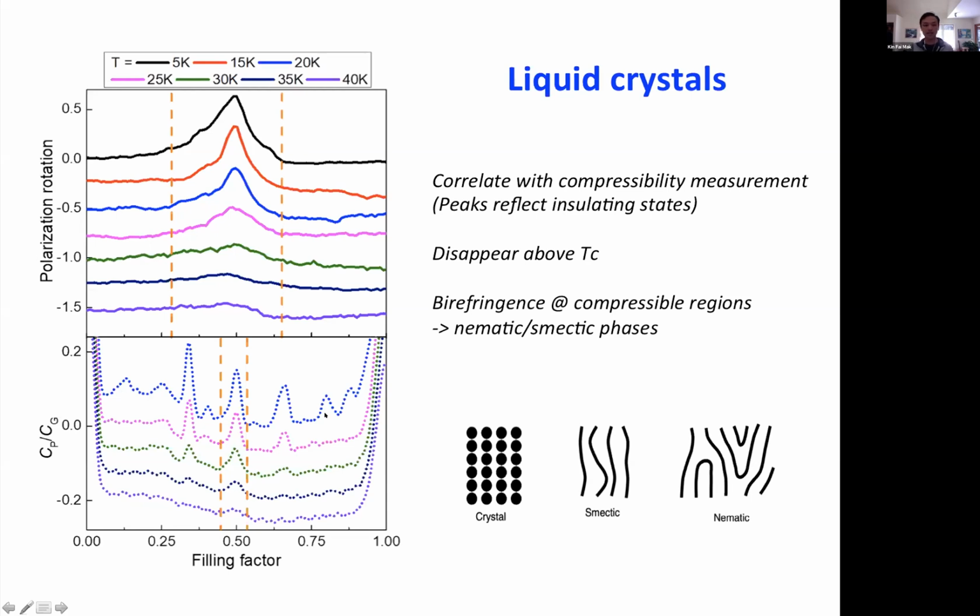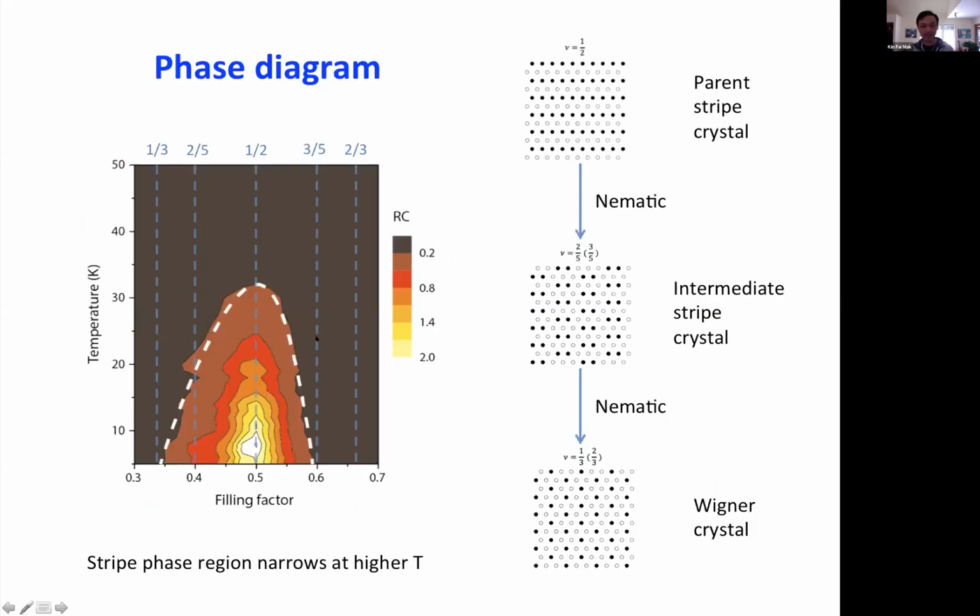And what this means is that we still have a polarization rotation. The system still breaks rotational symmetry even in the compressible regions of the system. So that suggests that, in addition to the stripe crystal phases, we also have evidence for the symplectic and the nematic phases. And this is a phase diagram that we just measured as a function.